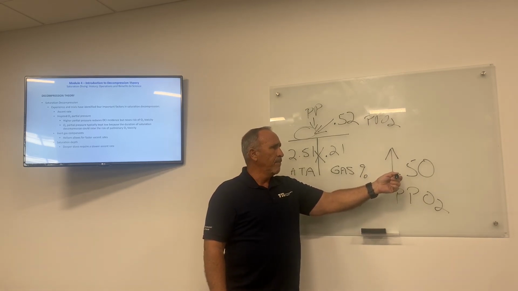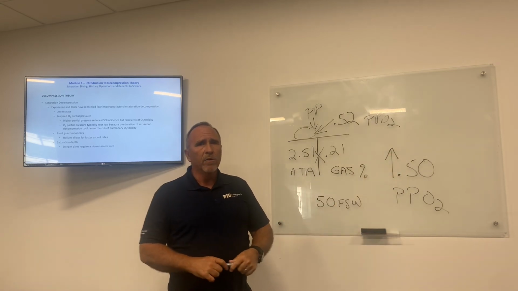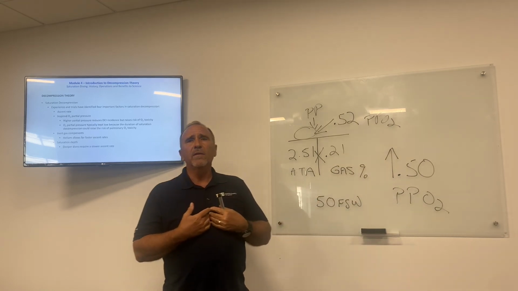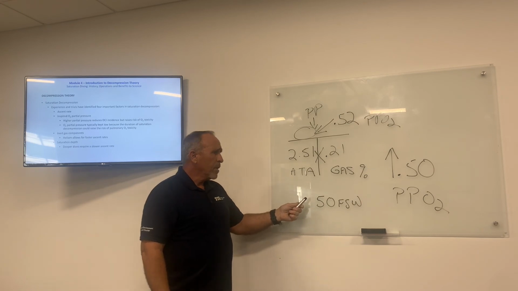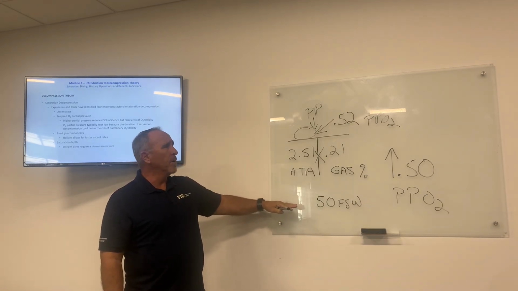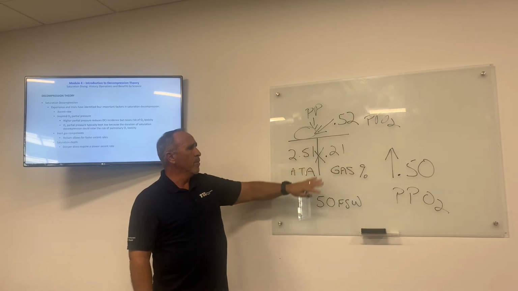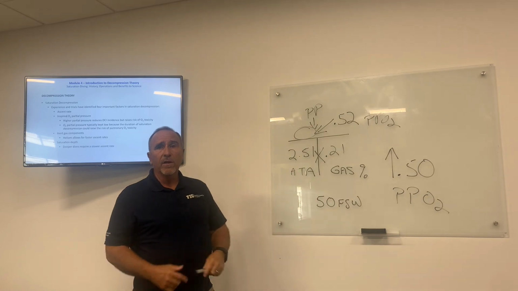At 0.50, 0.51, you need about 24 hours of breathing that in order to start getting signs and symptoms of pulmonary oxygen toxicity. All right. So that's why Aquarius is at 50 feet, because we want to use air to breathe. But if we use 21% any deeper than this, eventually we're going to run into pulmonary oxygen toxicity.